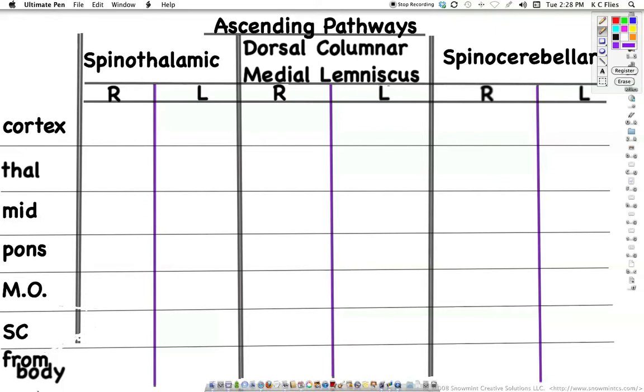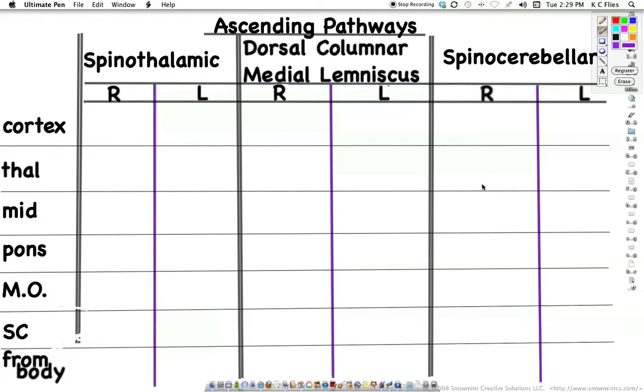At the very bottom here, I have written down from body, implying that we're going to arise from the body with a sensory neuron that will then enter the spinal cord, and from there interneurons will make it up towards the brain. So remember that ascending pathways consist of a first order neuron, which is our sensory neuron going into the CNS, and then usually two consecutive interneurons that run up into the brain.